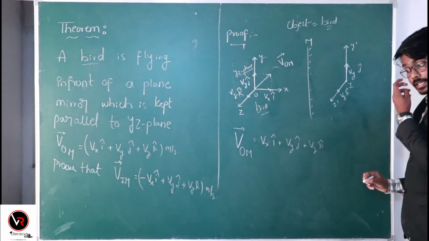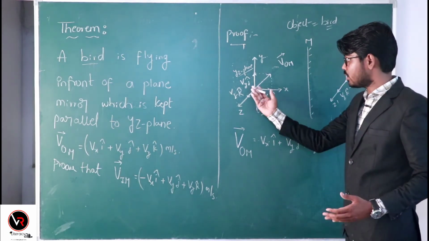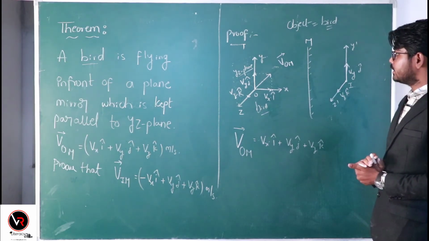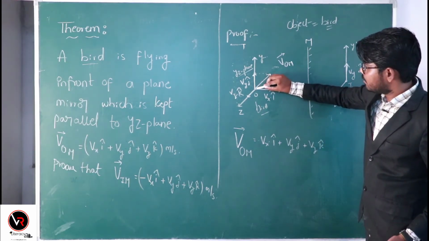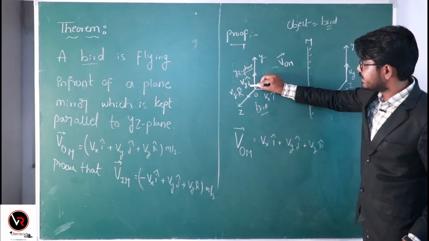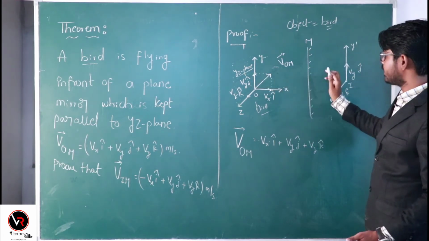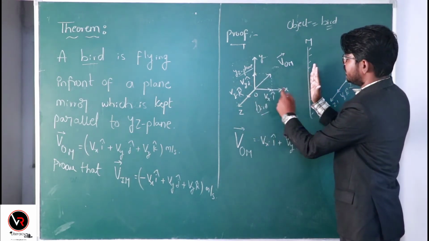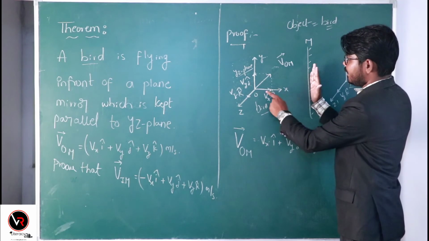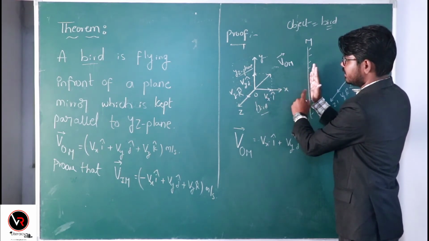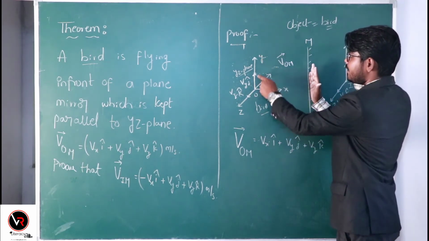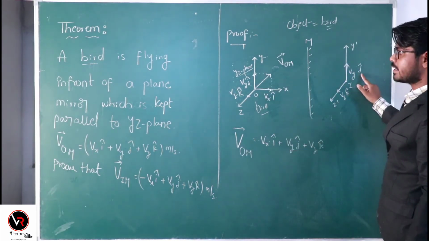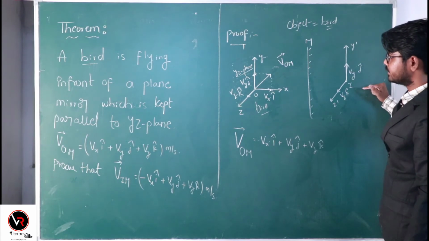In our fourth property we discussed that the velocity of the object equals the velocity of the image. The velocity of the bird along the y direction is Vy j cap. As the plane mirror is kept parallel to the YZ plane, it only reverses the direction normal to it, so it does not reverse the y direction. So the image of the bird also has the velocity Vy j cap in the upward direction.